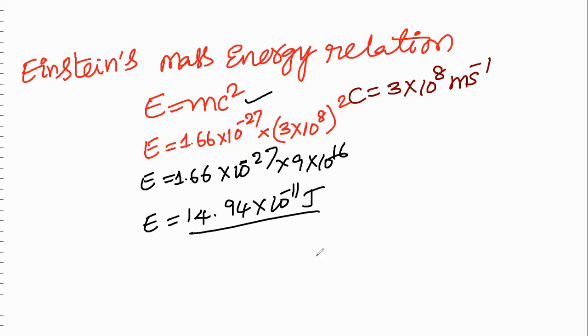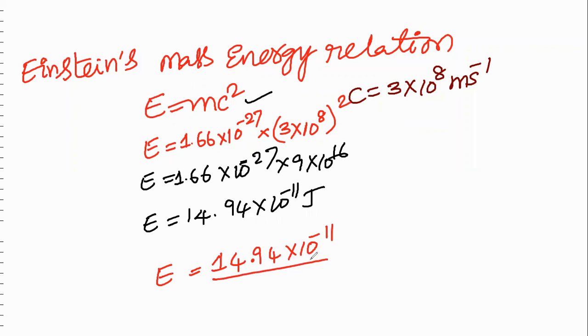Energy is 14.94 into 10 power minus 11 joules. If you want this energy in electron volts, we have to divide: energy E is equal to 14.94 into 10 power minus 11 divided by 1.6 into 10 power minus 19.